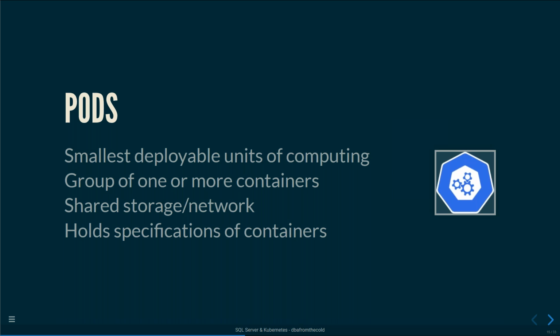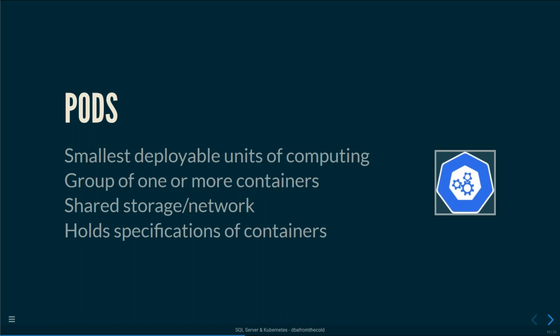And they are the smallest deployable units of computing within Kubernetes. So we don't deploy containers themselves. We deploy pods, and within those pods are our containers. And they share storage and network. So the pod's exposed on one IP address, and then the different containers within them live on different ports.